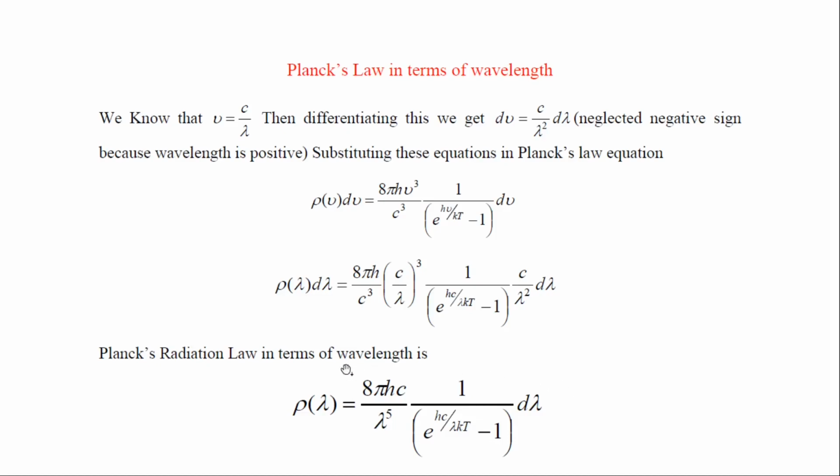Then finally we will get Planck's radiation law in terms of wavelength as rho lambda is equal to 8 pi hc by lambda power 5 into 1 by e power hc by lambda kT minus 1. Using this expression, we will derive Rayleigh Jeans law, Wien's displacement law and Stefan's law.